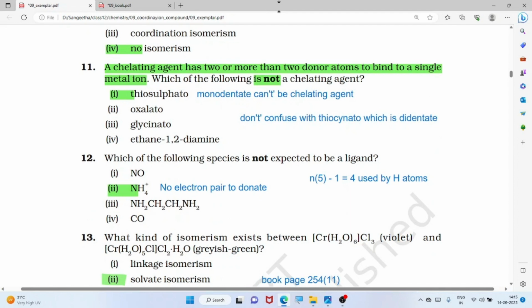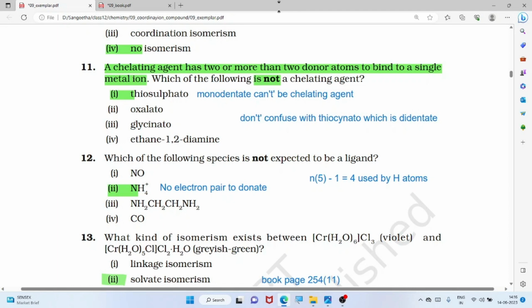A chelating agent has two or more than two donor atoms to bind to the single metal. So here this is a monodentate, so it won't act as a chelating agent.